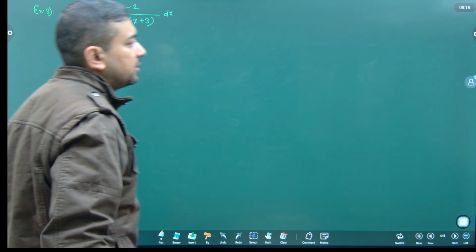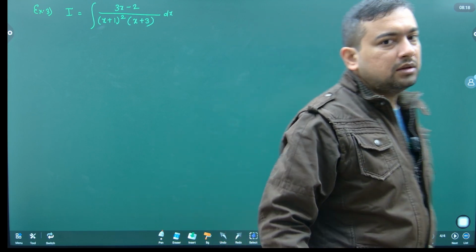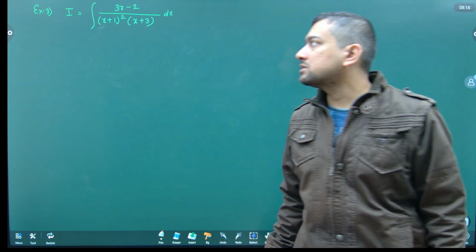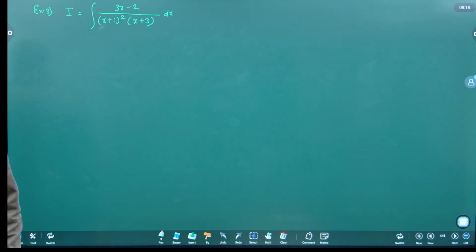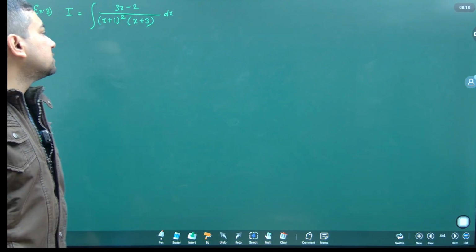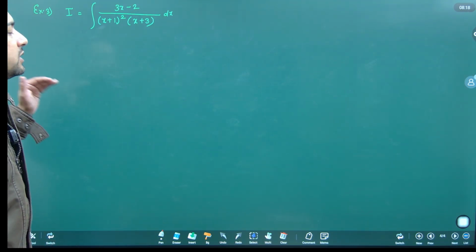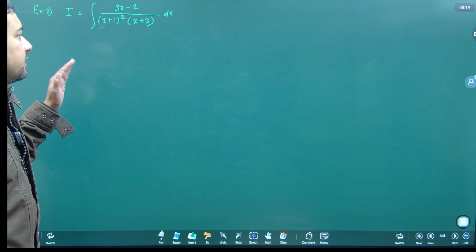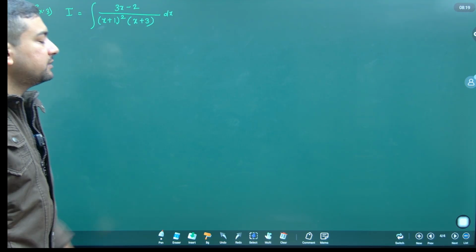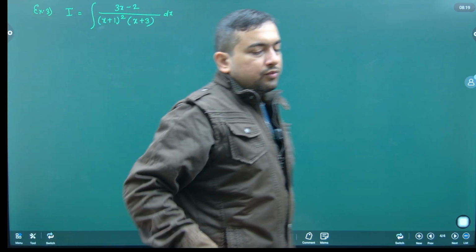So, 3x minus 2 upon (x plus 1) bracket square into (x plus 3), right? So see what the denominator is and how we will find the partial fraction, whether it is type 1, type 2, type 3.